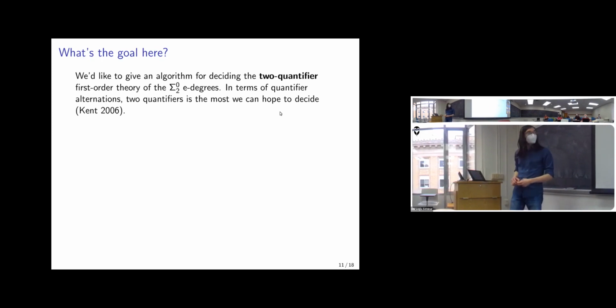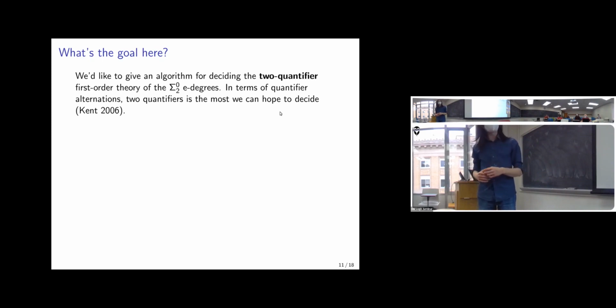Let me mention that in terms of quantifier alternations, 2 is the best that we can hope to achieve. Ken showed that the 3 quantifier theory is undecidable. So 2 may or may not be decidable, but 2 is the most we can possibly decide, given our knowledge.